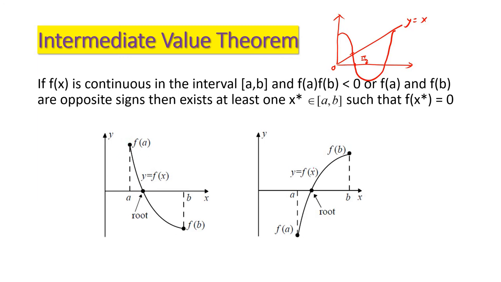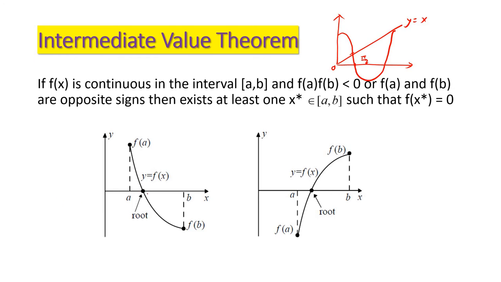See here, this shows only two cases. So fa, fb: this is positive, this is negative. From positive going to negative, surely you pass through y equal to 0. That's why you have at least one root here. Another case, fa is negative, fb positive. So negative going up to positive must pass through y equal to 0. So these two graphs show at least one root. If fa times fb is negative, then you are guaranteed at least one root in the interval a to b.